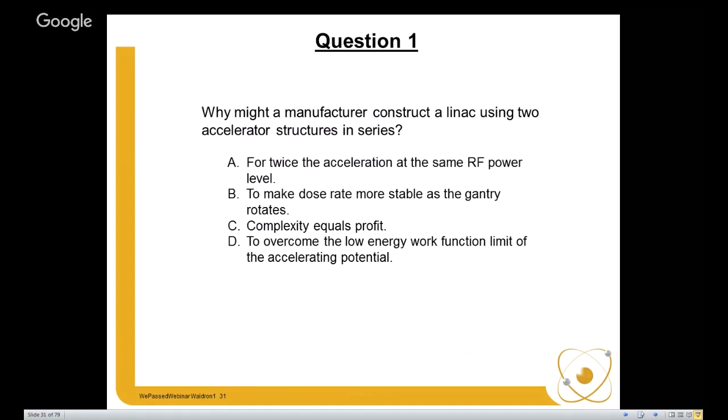And we'll give you about a minute to respond, and then we'll review the answer. I'd like to add that you want the most correct answer.